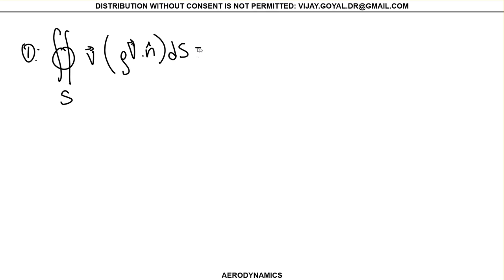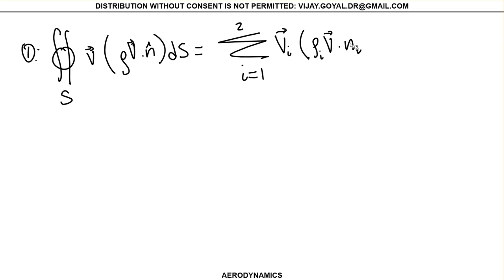This is a summation from i equal to 1 to 2, again we have 2 openings, of V_i rho_i V_i dot n_i times delta S_i.